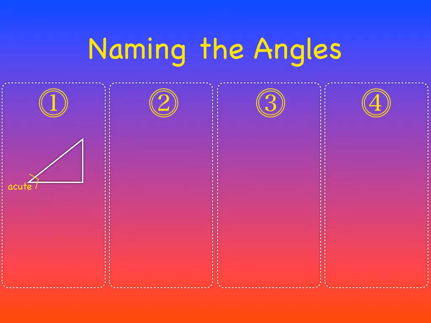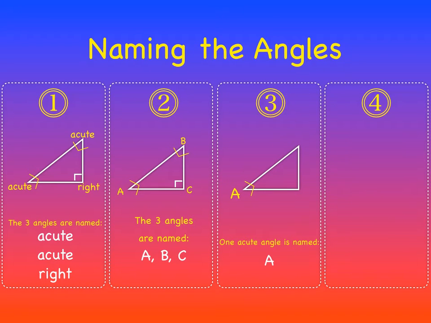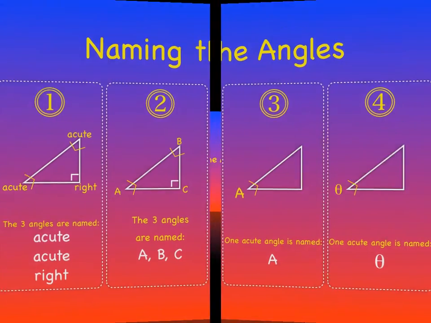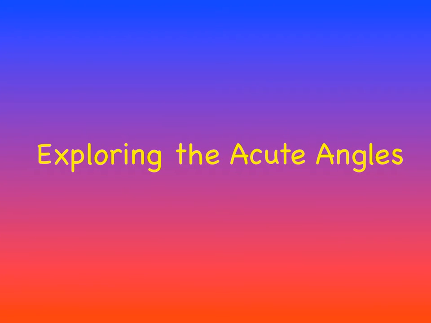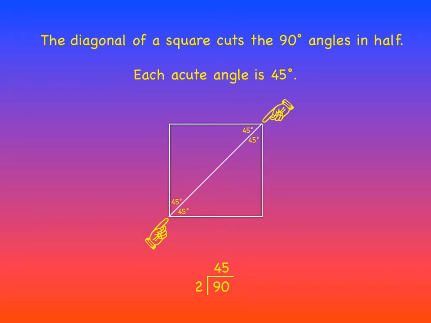They can be called acute, acute, right, or A, B, C, or one acute angle is named A, or one acute angle can be named theta. Now let's explore the acute angles. The diagonal of a square cuts the 90-degree angles in half, and each acute angle is 45 degrees.